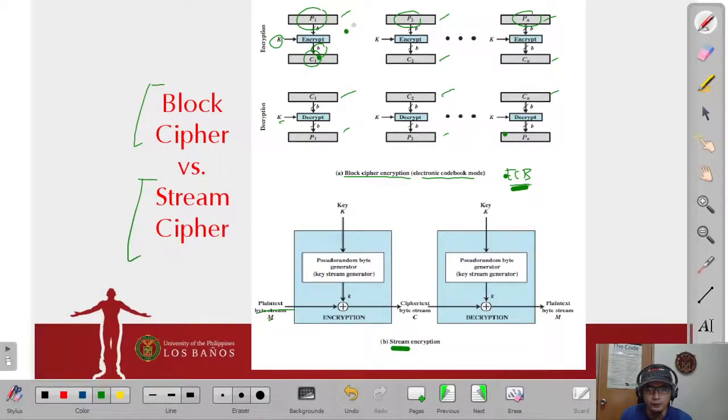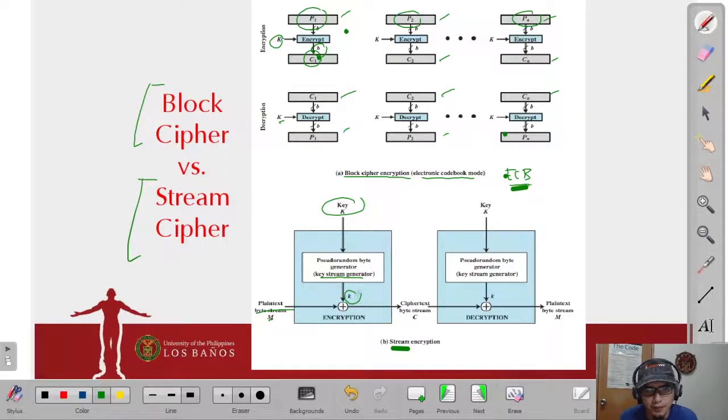The key is used as an input in a pseudo-random byte generator, also called the key stream generator, and the result of that key stream generator, denoted here as a small k, is XORed with the byte stream.